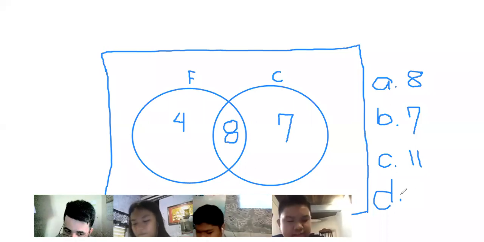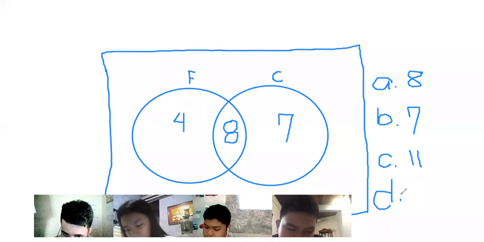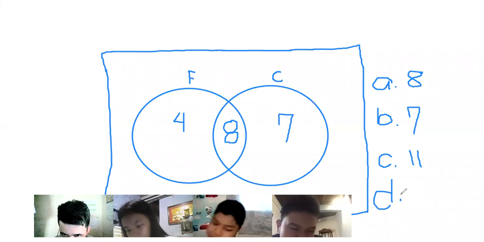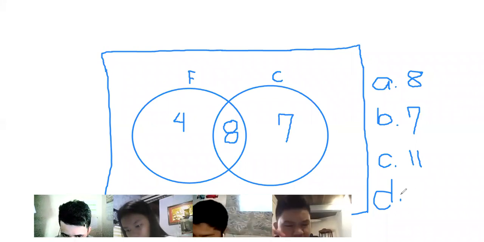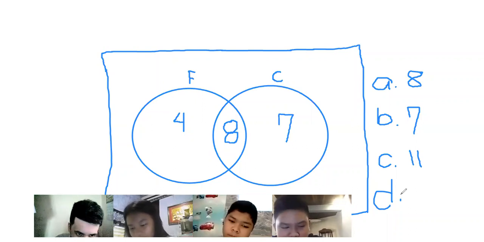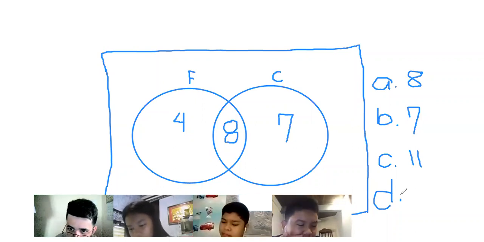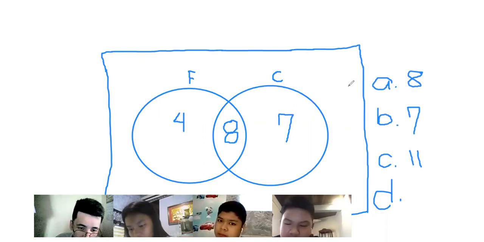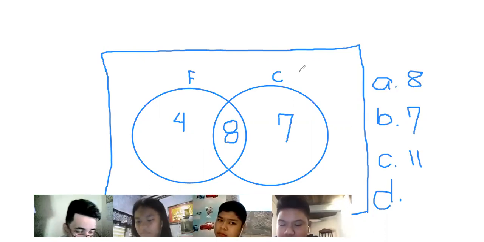Why 21? Answer there is 19. And the other is 21.